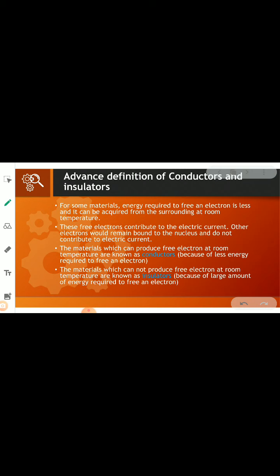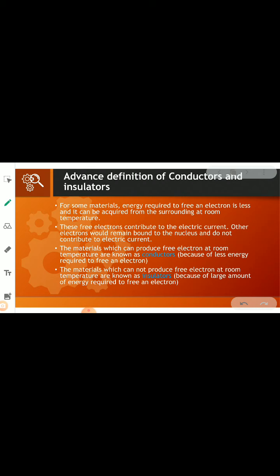Other electrons that remain bound to the nucleus do not involve themselves in the flow of current. They are in a stationary phase. The electrons bound to the nucleus do not contribute electric current, but when external energy is applied to the material, the electrons which become free will conduct electric current.